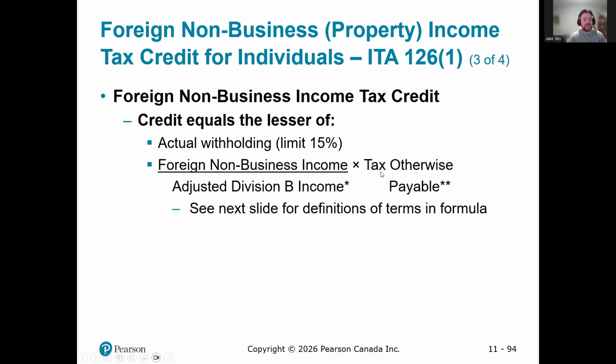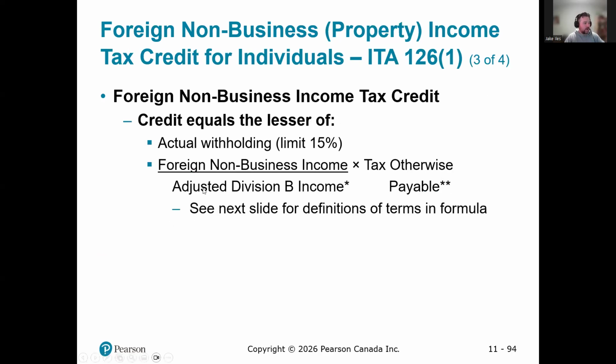We apply that percent to the tax otherwise payable, which says you would have owed this amount, and this portion of it relates to the foreign non-business income. If that amount is less than 15%, let's say it's 13%, then that's what we're restricted to. You can't get a credit more than what Canada would have taxed the income on.